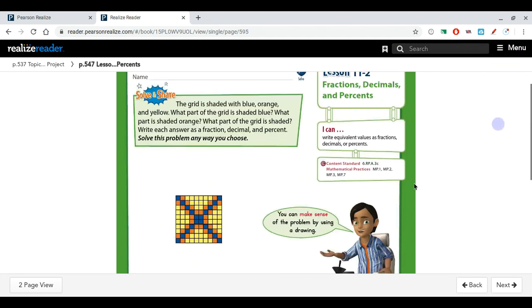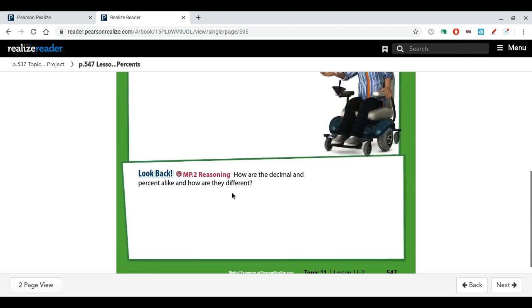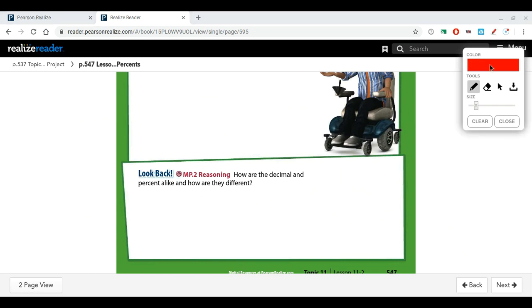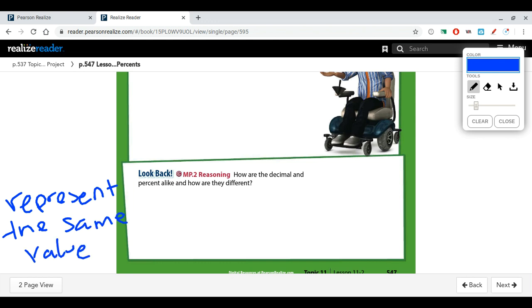All right, so if we move into our look back, it says how are the decimal and percent alike and how are they different? So if we take a look at a decimal and percent, they're going to represent the same value. So 32 hundredths is representing the same value as 32%.